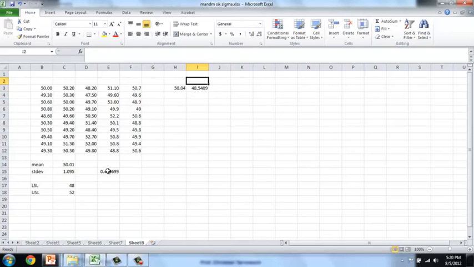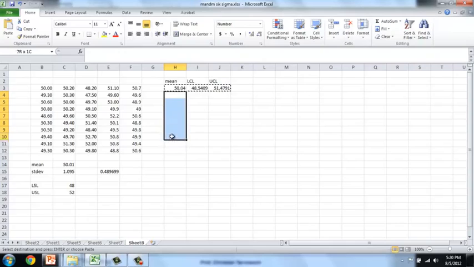So this is a lower control limit. The upper control limit is computed simply by taking the mean and adding 3 times the estimate of the standard deviation. So this is the mean, this is the lower control limit, and this is the upper control limit.